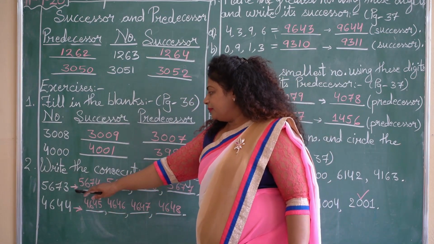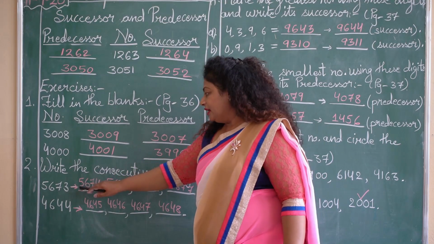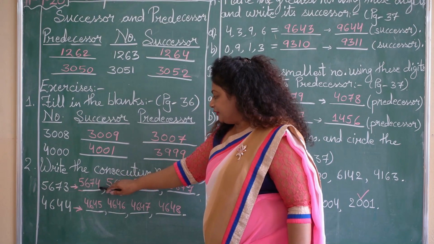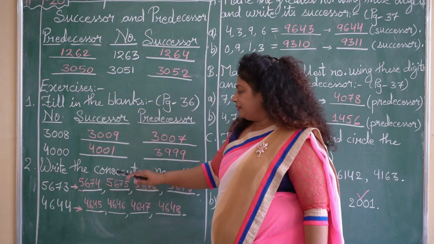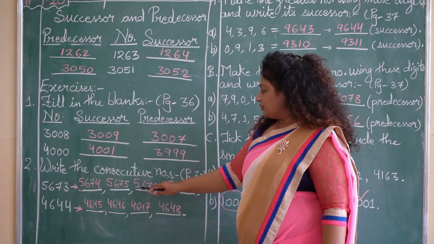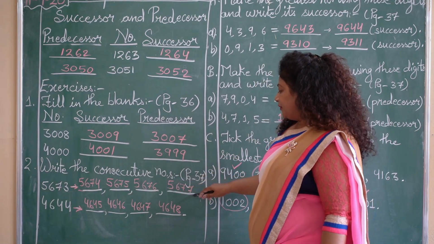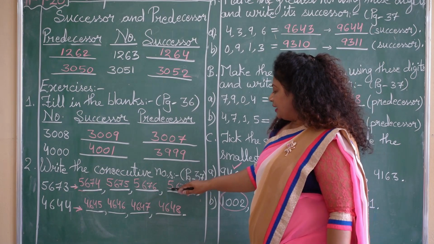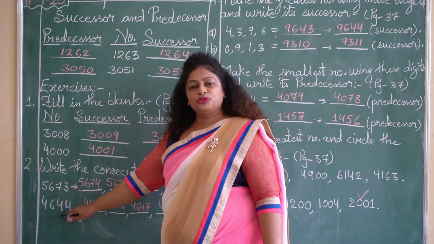The consecutive number of 5673 will be 5674. Next number will be 5675. Next number 5676. And the last number, that is the last blank we have to fill, is 5677.